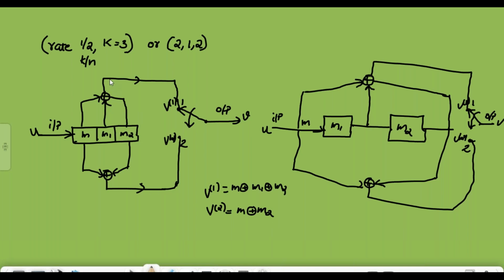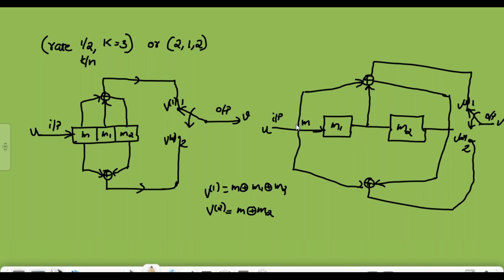You must note that the dimension of the convolutional encoder can be given in two ways. That is, a convolutional encoder with rate 1/2 and constraint length K equal to 3. It will be this, and also it will be given as 212. Here it represents small letter n, small letter k, and this 2 is the number of stages, memory elements, the number of stages in the shift register here, M1 M2, two stages.